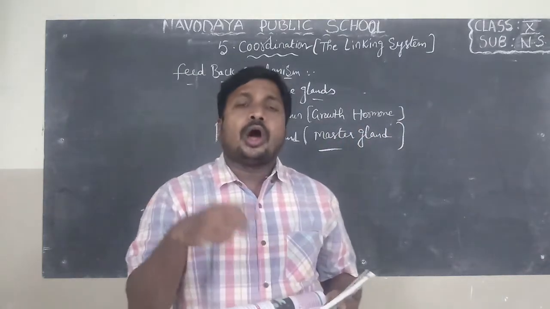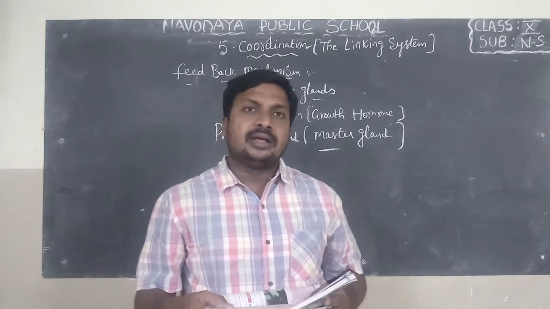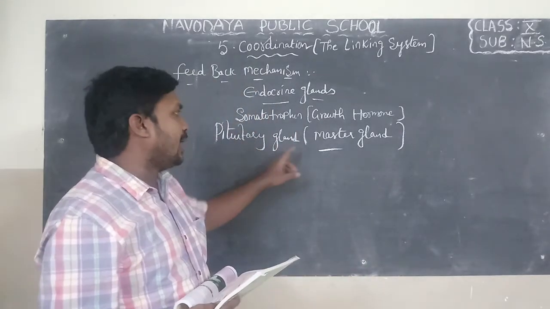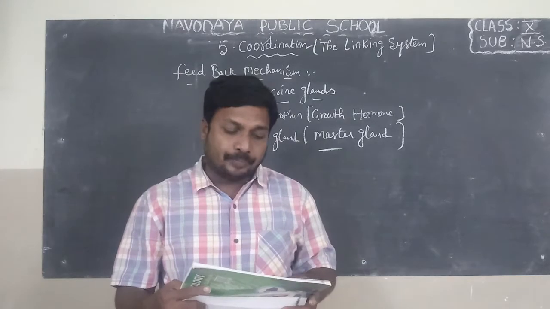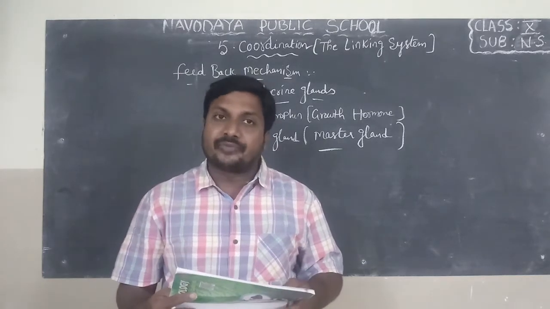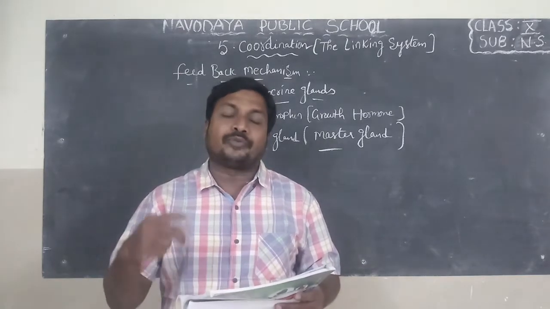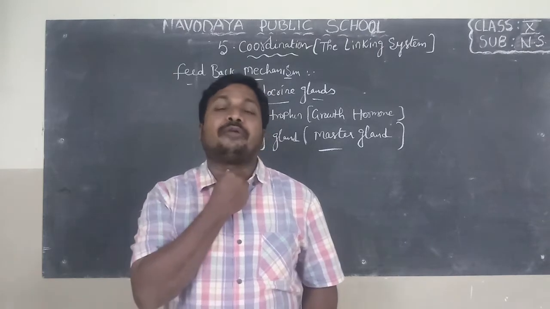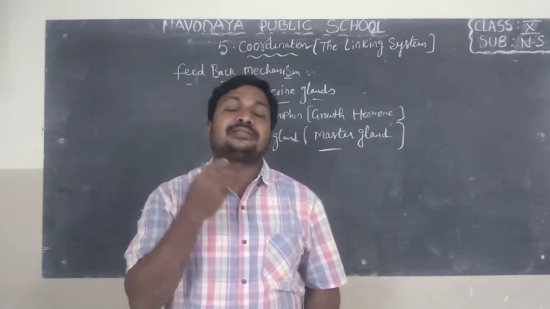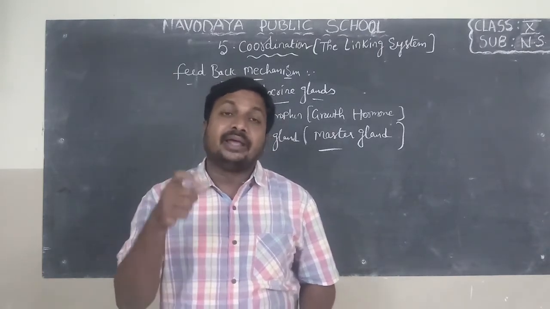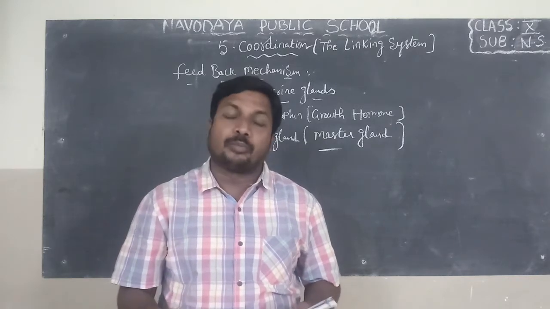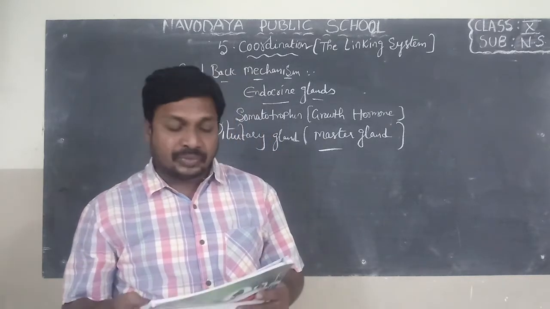It controls all endocrine gland activities. That's why the pituitary gland is called the master gland of the body. Thyrotropin released from the pituitary gland is helpful for the activity of the thyroid gland. This thyroid gland is activated by the thyrotropin hormone released from the pituitary gland.